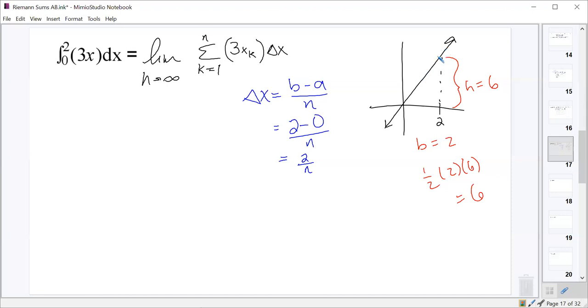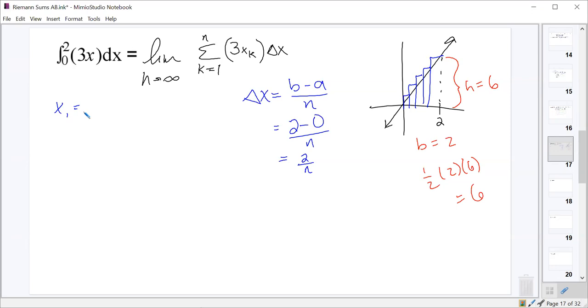So what I'm going to do is draw some rectangles in here, pretend those are all the same width, and pretend that I've drawn an infinite number of them. And I've done them all from right endpoints. Everybody good with that? Okay. So let's first figure out what is x sub 1.